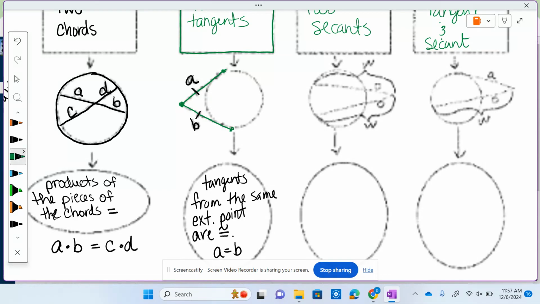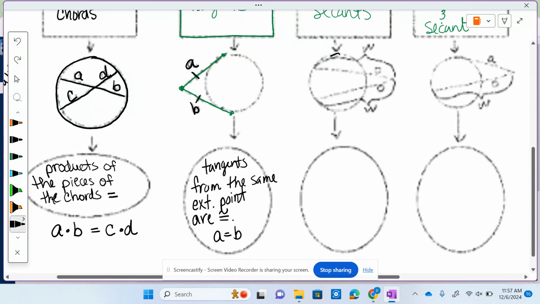When I look at my 2 secants, gosh, this is such a horrible picture. So sorry about the quality of my scan, you guys. So these are my 2 secants. This is the outside, and this is the whole piece, right? Outside, whole piece.